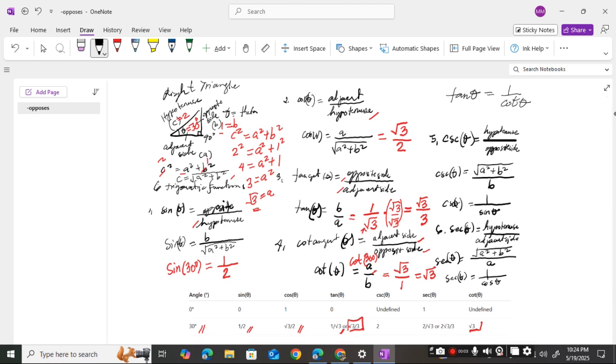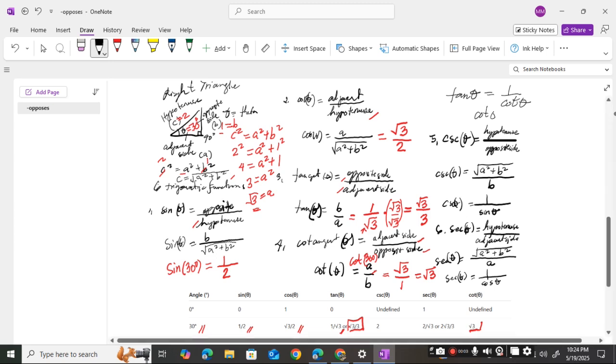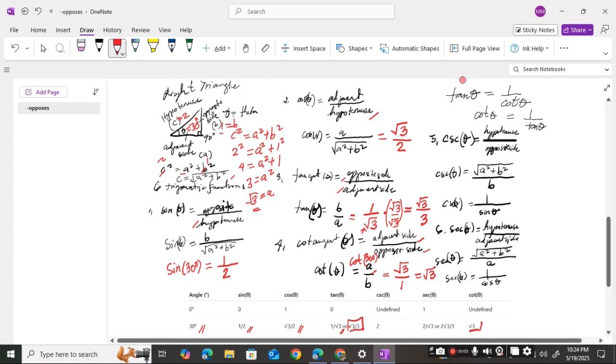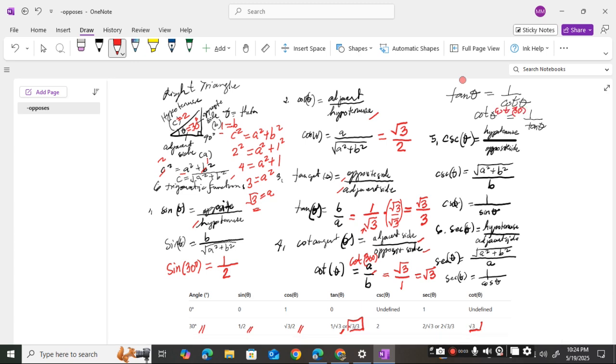Likewise, we can also write cotangent theta as the reciprocal of tangent theta. And we can utilize that definition to find cotangent of 30 degrees, simply because we have the value of tangent of 30 degrees.